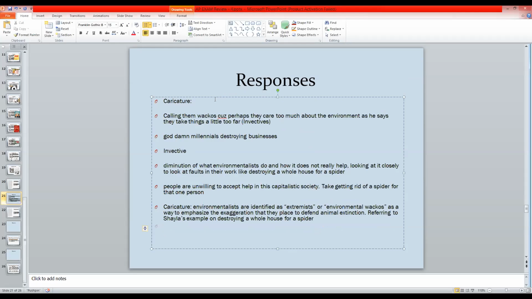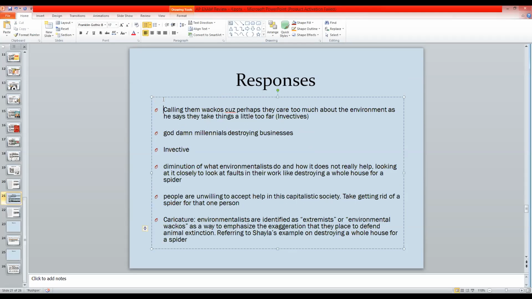Anna throws in more on caricature here. She mentions environmentalists are identified as extremists or environmental wackos as a way to emphasize the exaggeration that they place to defend animal extinction, referring to Shayla's example on destroying the whole house for a spider. Yeah, absolutely. The overall invectives lead to this one big caricature of these crazy folks that people invest too much into.